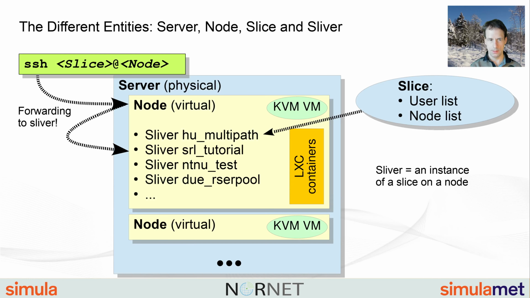But usually there is, as I've said, the research node software based on PlanetLab Central, and so the physical server setup for research experiments looks like this: there are KVM-based virtual machines running this PLC-based node software inside the KVM, and for each research experiment at this node there is then an LXC container, a so-called sliver, instantiated, which is in fact just using a BTRFS cloned snapshot of the base Fedora Core 25 image.